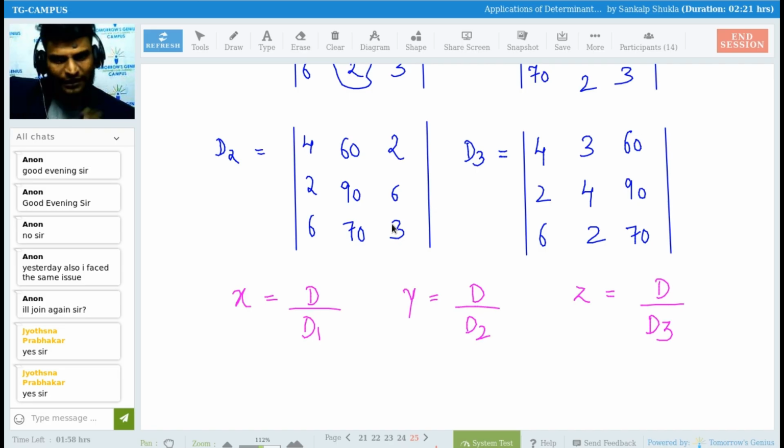D1 is another determinant, and you will expand D1 also, because while creating these determinants you have to expand them. D will have some value, D1 will have some value, and when you divide those numerical values, you get an answer. That is the value of x. So what I am asking you is to find all four values: solve for D, solve for D1, solve for D2 and solve for D3. Okay, sir. Okay, fine.